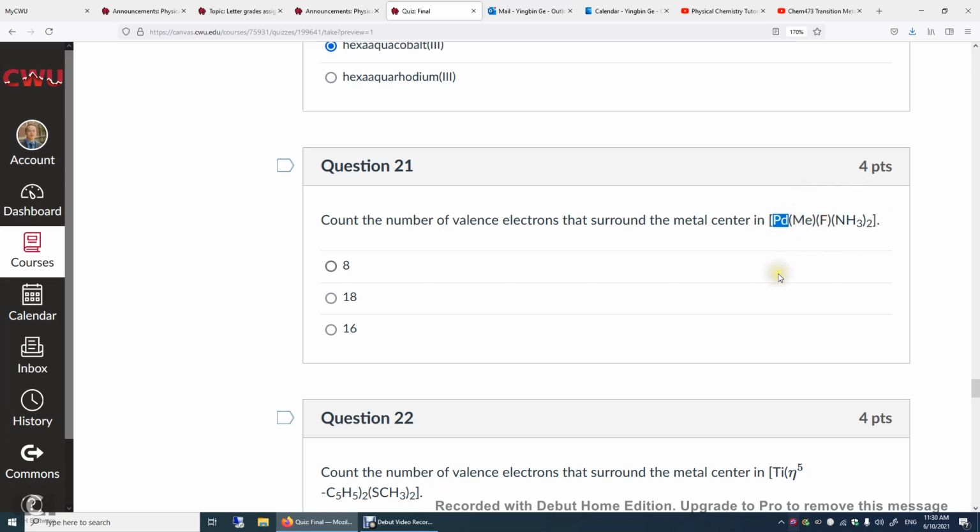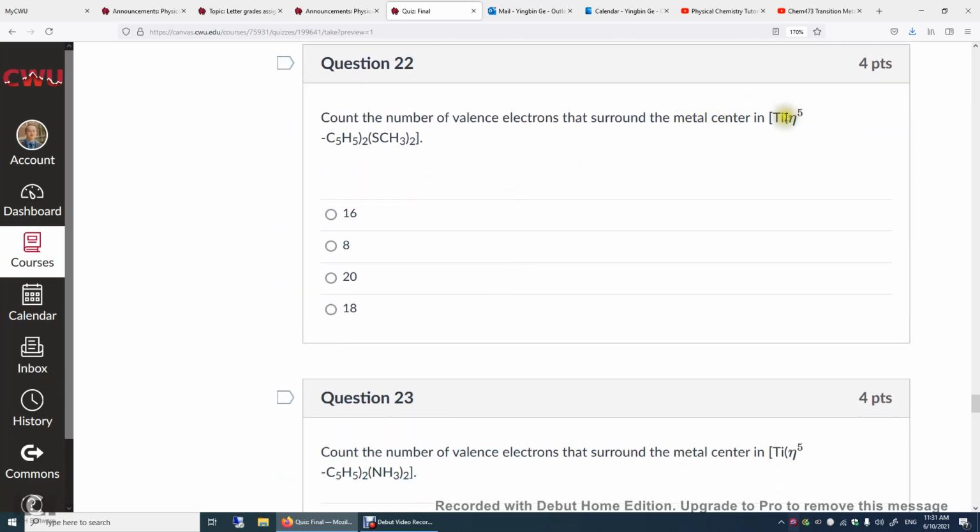And this is going to be for the d8 electron configuration. 8 d electrons plus 2 electrons from this methyl, 2 electrons from this fluorido, and 4 electrons from these 2 amine ligands. 8 plus 2 plus 2 plus 4, that's 16.